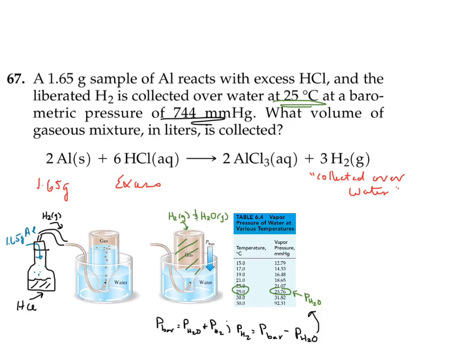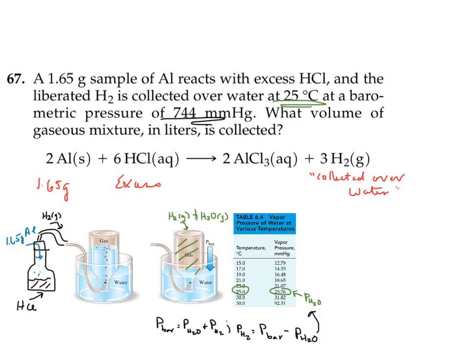This is the water vapor pressure at a particular temperature. In this case, they say the whole thing is going on at 25 degrees Celsius. Your water vapor is running about 23.76 millimeters of mercury. That's your saturated water, your H2O gas in here, in addition to your H2 gas.